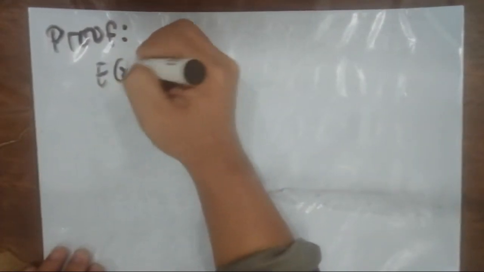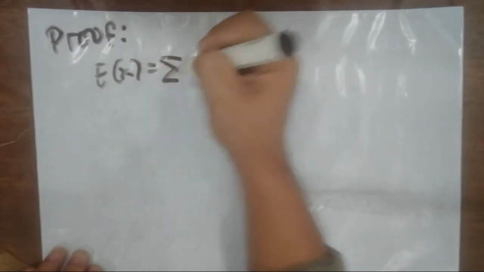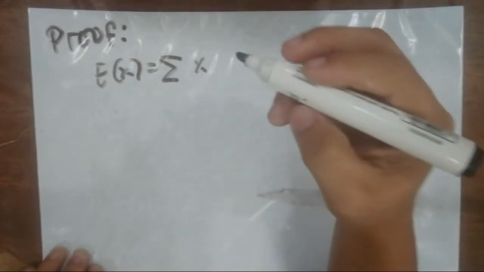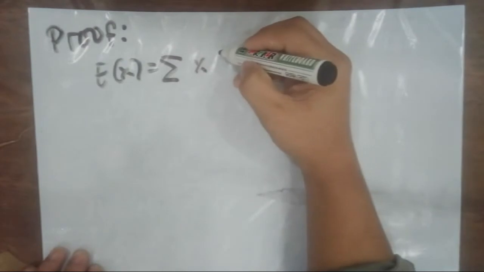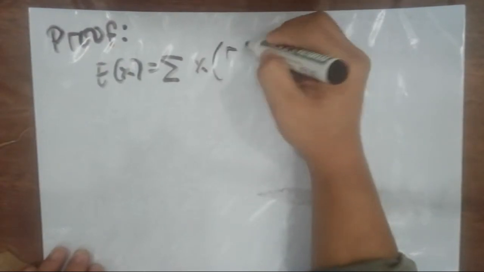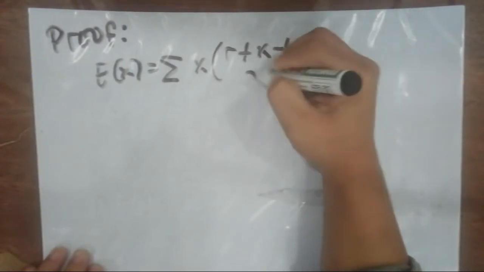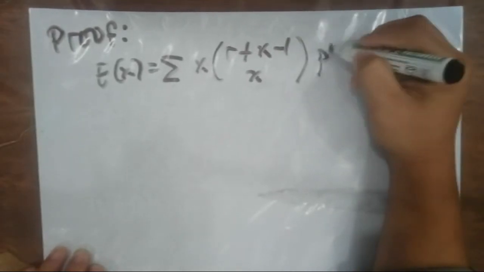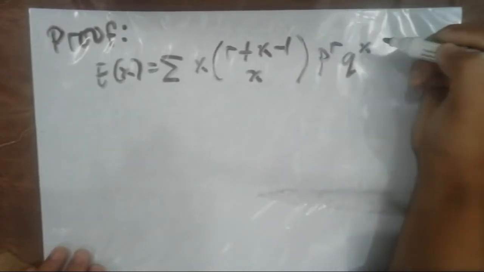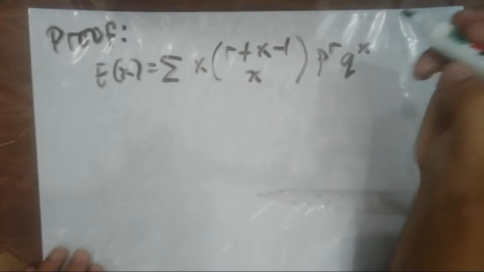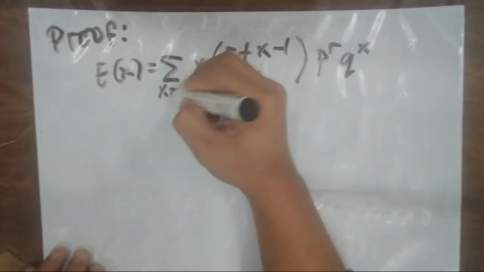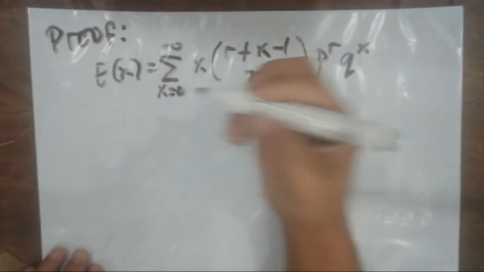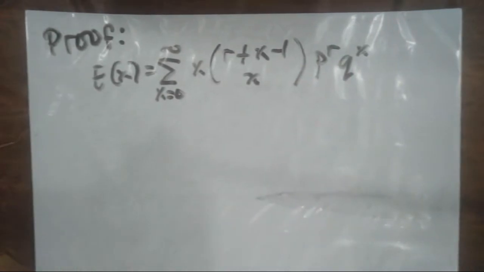We know that the expectation of X is equal to the summation of x times the PMF, where the PMF is equal to r plus x minus 1 taken x times p raised to r q raised to x. Now we're going to manipulate this summation. Take a look at when x is equal to 0.